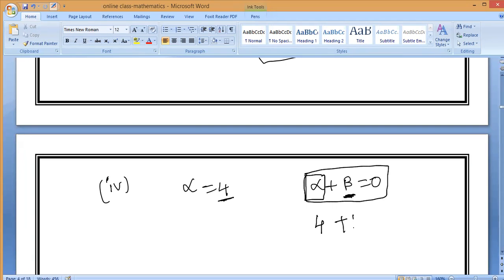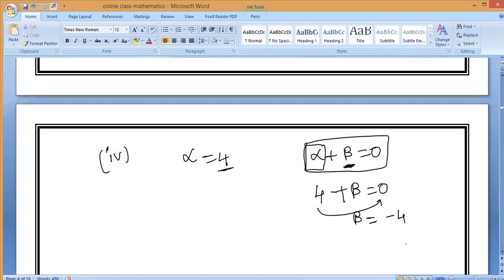Do you understand? We know the alpha and beta values, correct? Then find the quadratic polynomial.